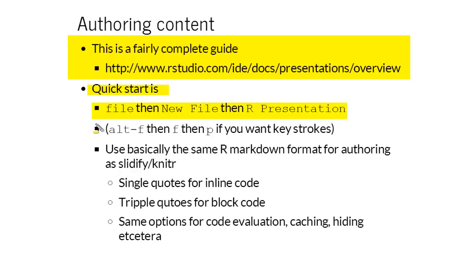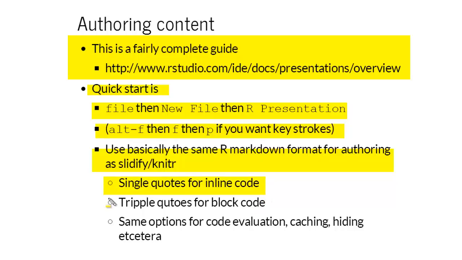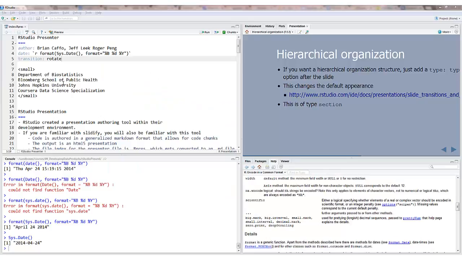If you're a keystroke junkie, that's Alt F, then P. Then you just start using Slidify knitr style commands for authoring content. They have things that'll help walk you through it: single quotes for inline code, triple quotes for block code, and the same options as knitr for code evaluation and cache.